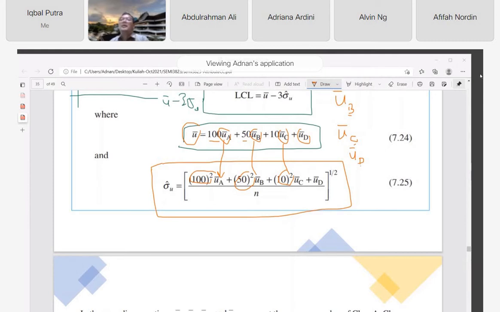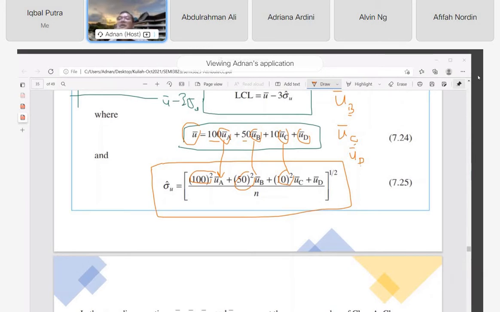Muhammad Fitri says when we have different degrees of defects. Okay, correct. Alvin, defective with different degrees of class. Correct. When there is a different class of defects. Faiz, when there are faulty items, but it's a different type of faulty. We cannot just lump sum.